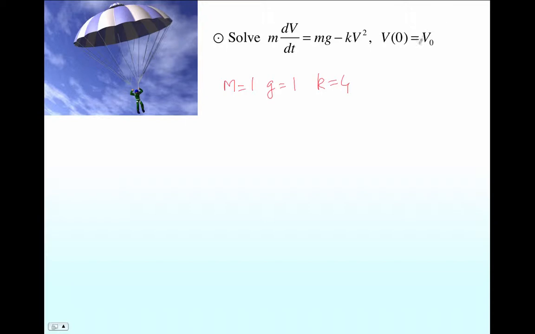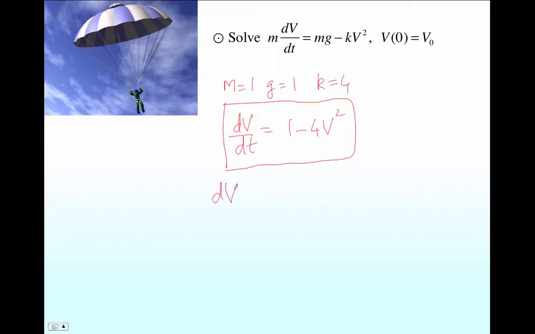But I'm going to leave V0 as it is because I want to show that the final velocity does not depend upon V0. So this equation then becomes dv by dt is 1 minus 4v squared. And that's what we want to solve. Now, one thing before we solve this in full detail is to note the following.